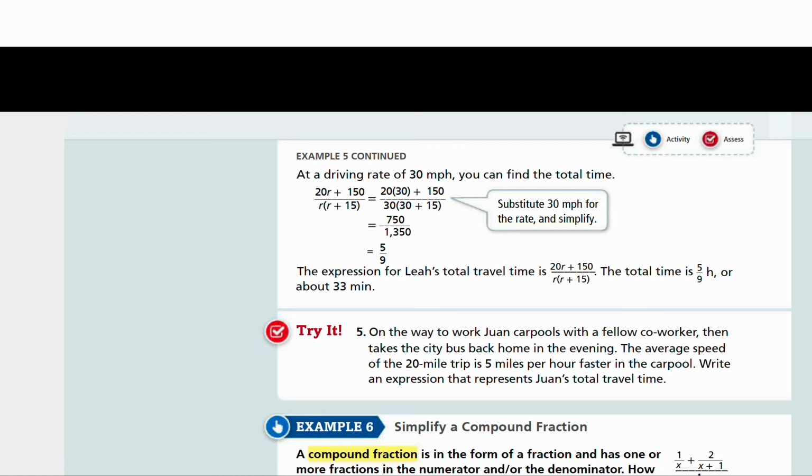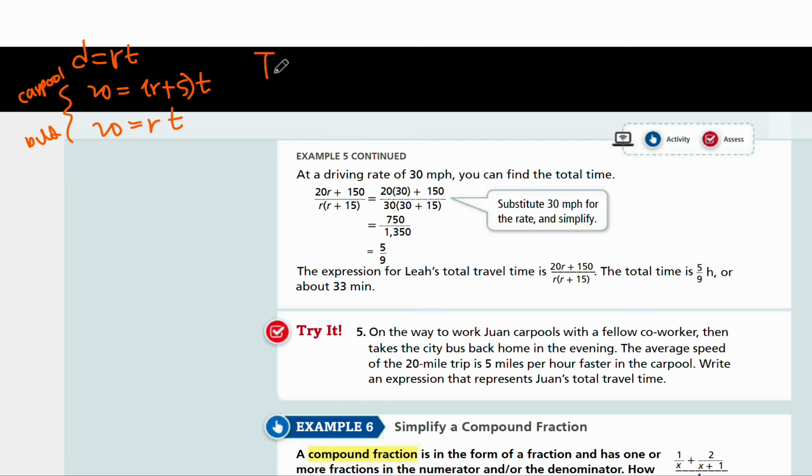Okay, are you ready? So remember, our distance equation is d equals rt, and so the first equation for carpool would be 20 equals r plus 5 times t, and then for the city bus, it would be 20 equals r times t, right?